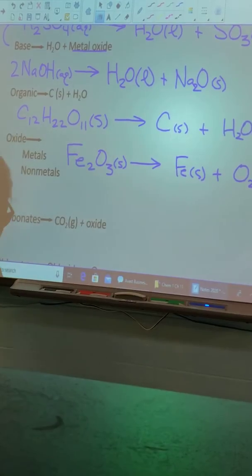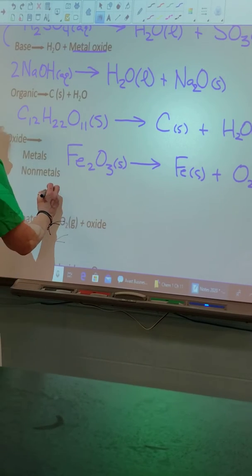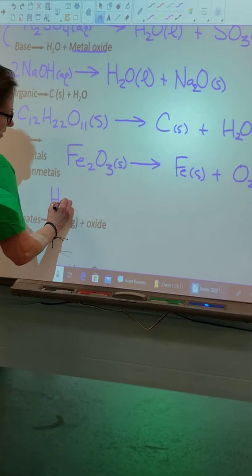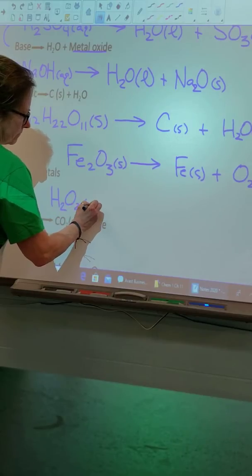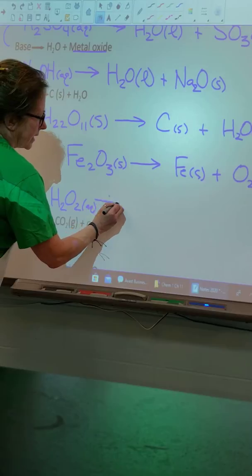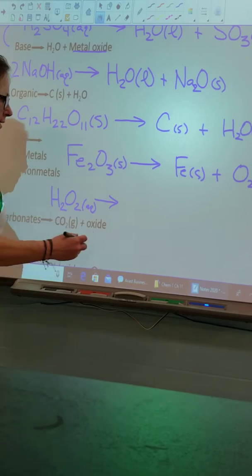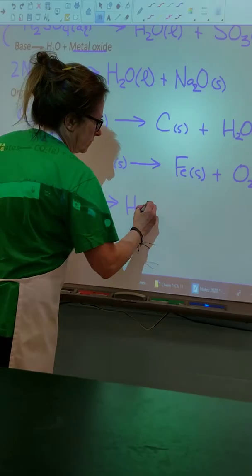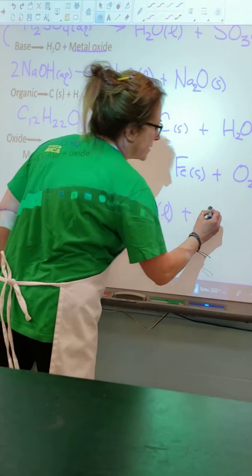We had a rusty nail here, but the one I am going to do for you is one of my very favorites. I'm going to take hydrogen peroxide and I'm going to decompose it. When you decompose hydrogen peroxide, you get water and oxygen gas.